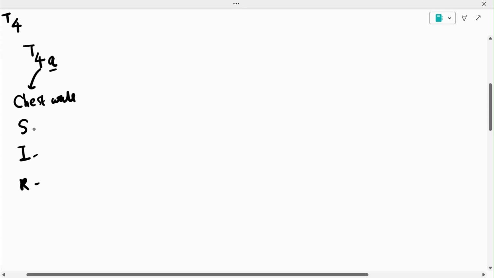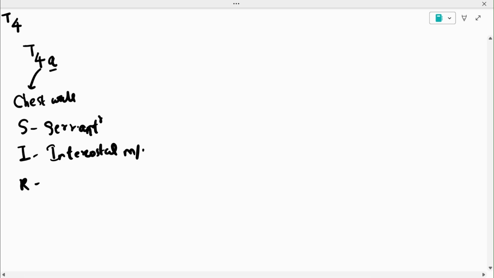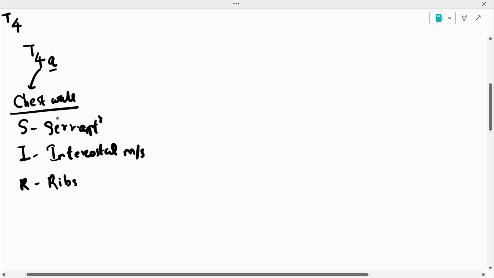S for serratus anterior muscle, I for intercostal muscles, and R for ribs. If any of these three is involved, it constitutes chest wall involvement and comes under T4a.